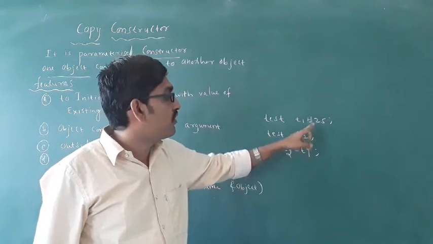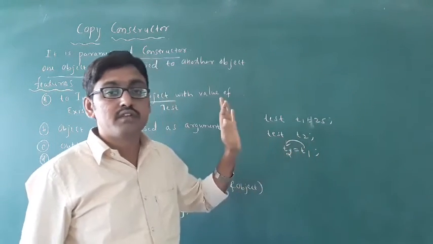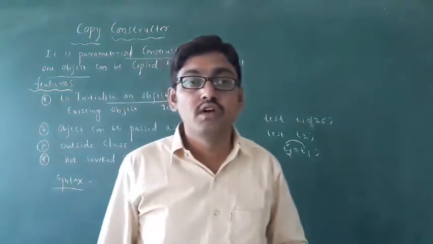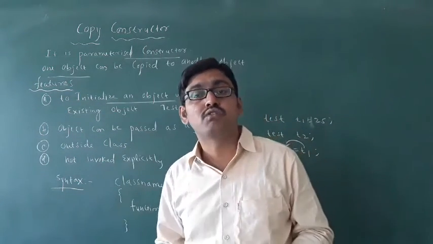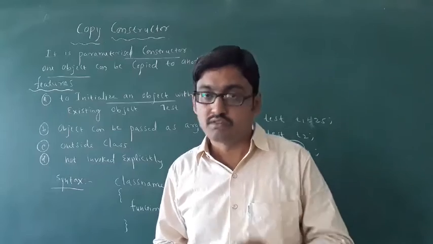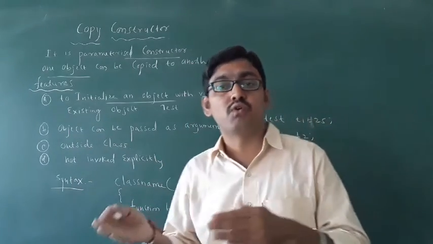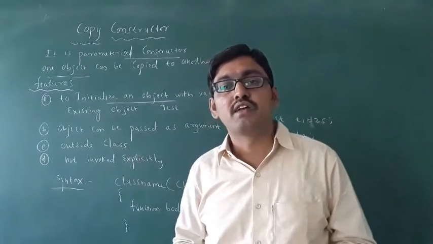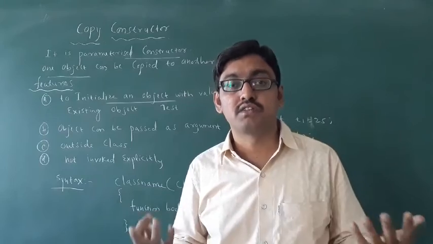The existing value of t1 can be copied to the t2 object. In that situation also we have to use a copy constructor. You have to copy the value of one object to another object; that is why, as the name implies, it is called a copy constructor.